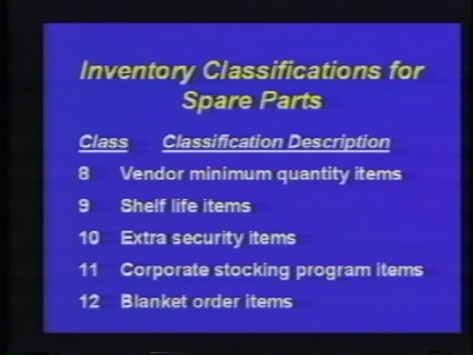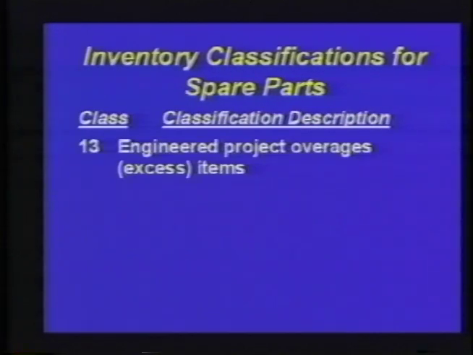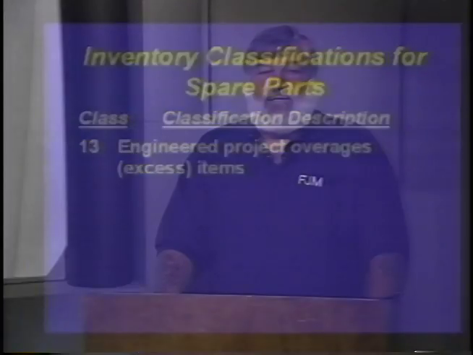In some cases, you may find that there may be materials left over from an engineering project. And if those are put into the storeroom, that overage quantity should be identified as inventory class code 13. Now, the key to success in this class code is those parts must be an integral part of the storeroom program.